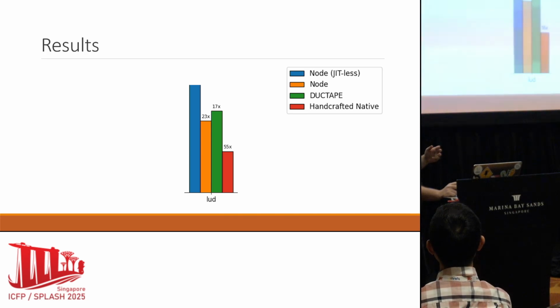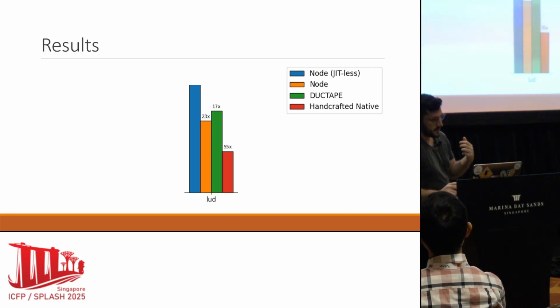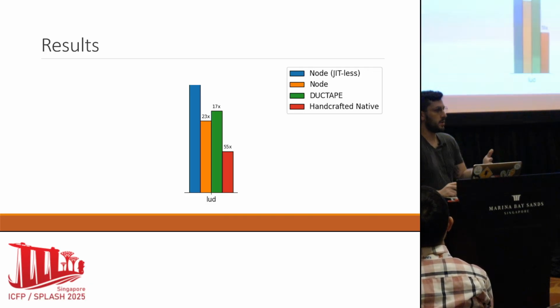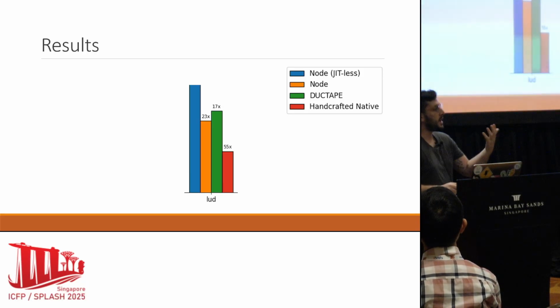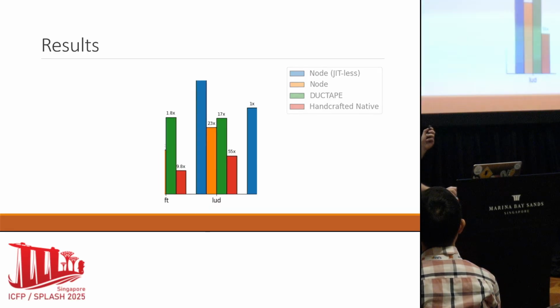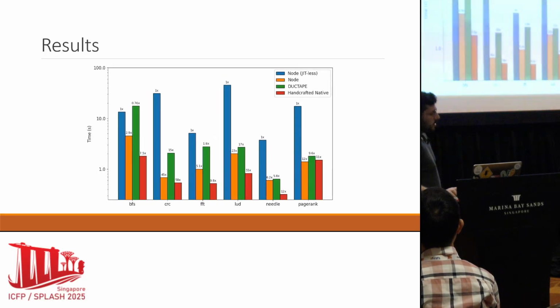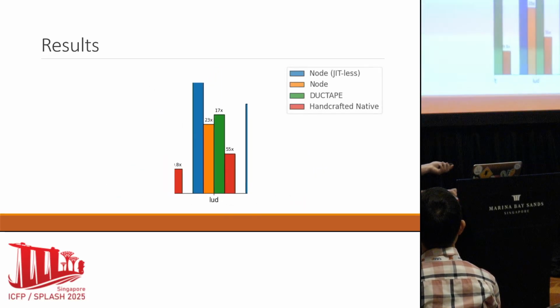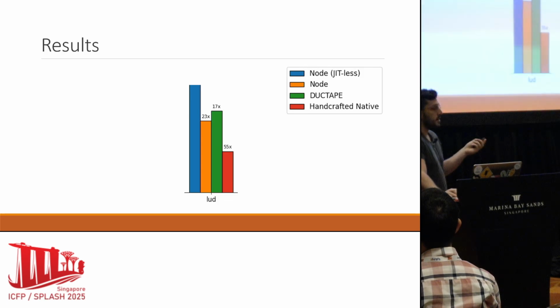The third one from the left, the green one, is our results, the results we got after compiling the source program with Ductape and then executing the binary, and last, the handcrafted native implementation. So we found out that in some cases, we got substantial speedups using our methodology, in some of which it's actually getting very close to the performance of a JIT compiler.